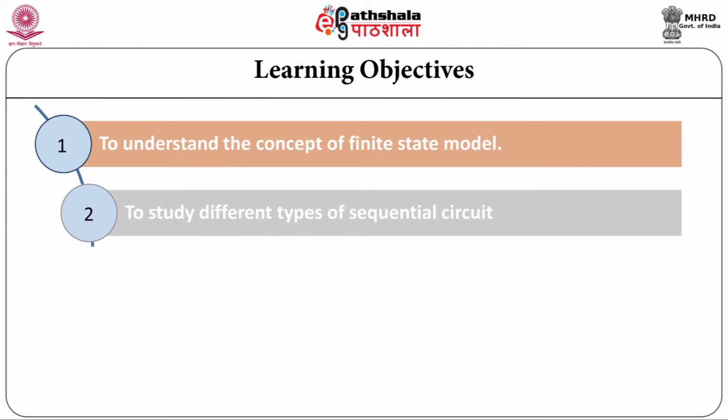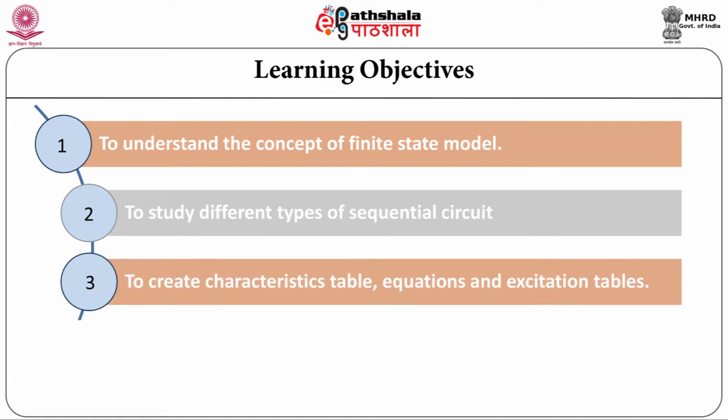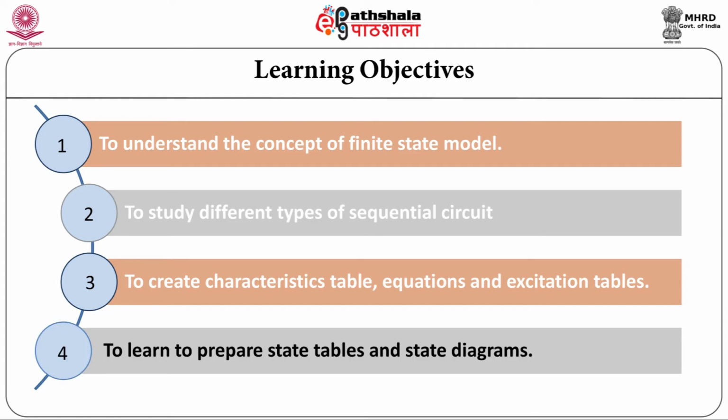The models are normally used to describe different sequential circuits, which are categorized as class A, class B, class C, class D and class E. To use a finite state machine, it is important to create characteristics tables, characteristics equations and excitation tables of different flip flops. Further, it is important to learn the method of preparing state diagrams and state tables.